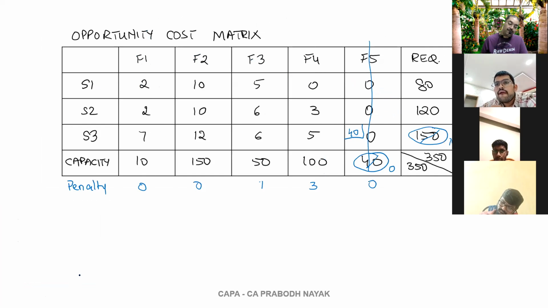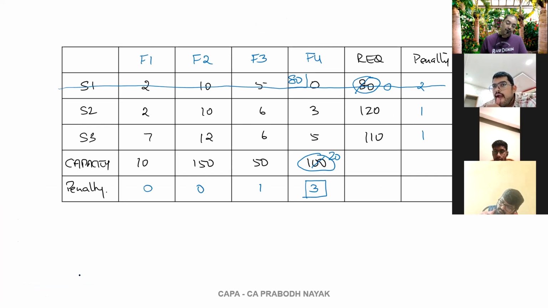Starting from the first one. So F4 we had allocation of 80.